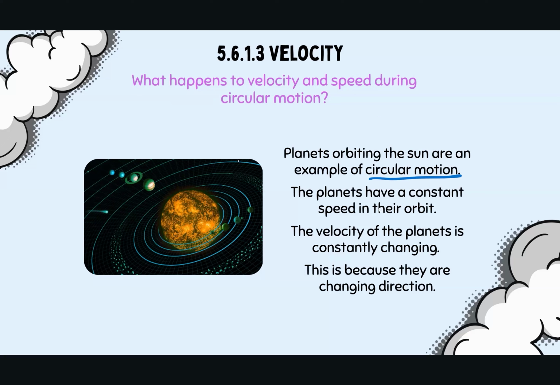The planets have a constant speed in their orbit because the gravity that's pulling them towards the sun doesn't change, so the speed is going to stay the same. However, the velocity of the planets is constantly changing, and that's because they constantly change direction. Don't forget that when we say something's scalar, it means it only has magnitude, or size. So the size of the speed stays the same.